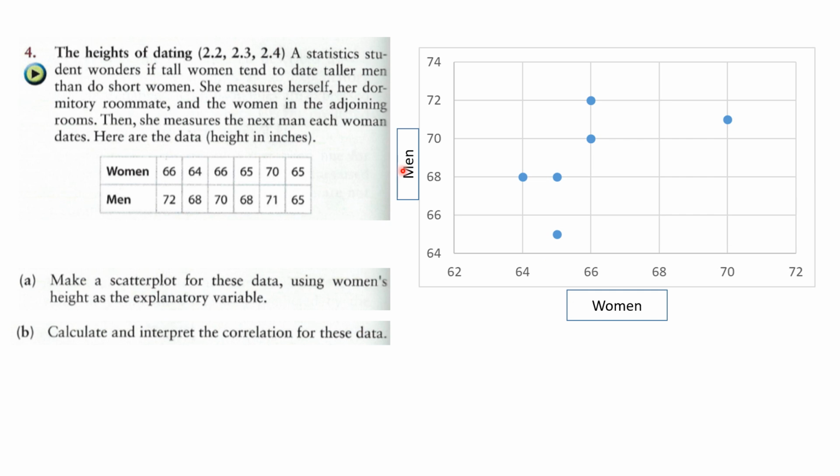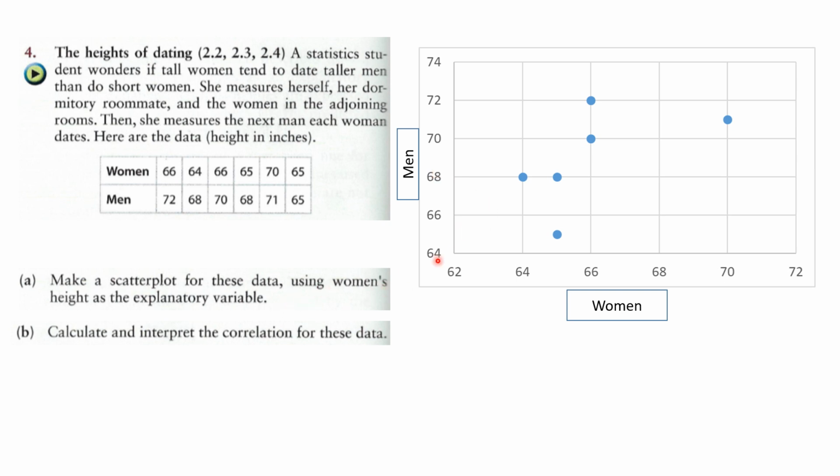It's not really clear how that causal direction is going, if women's height is causing the men that they date to be taller, or vice versa. So it's not clear that it should be the explanatory variable, but they're telling us to just assume that it is, and so we will do that.